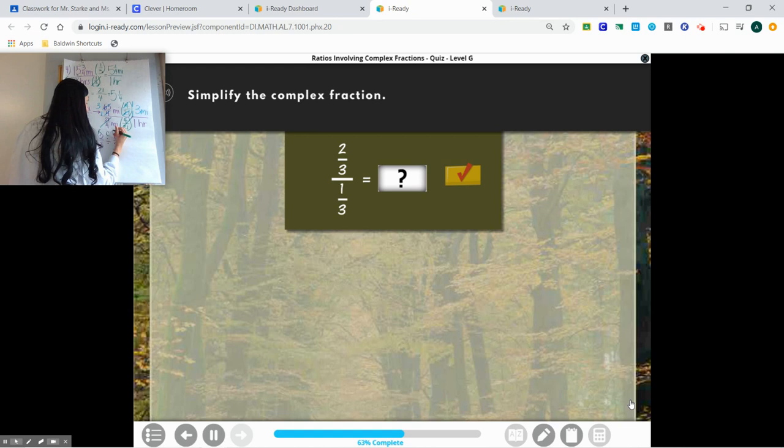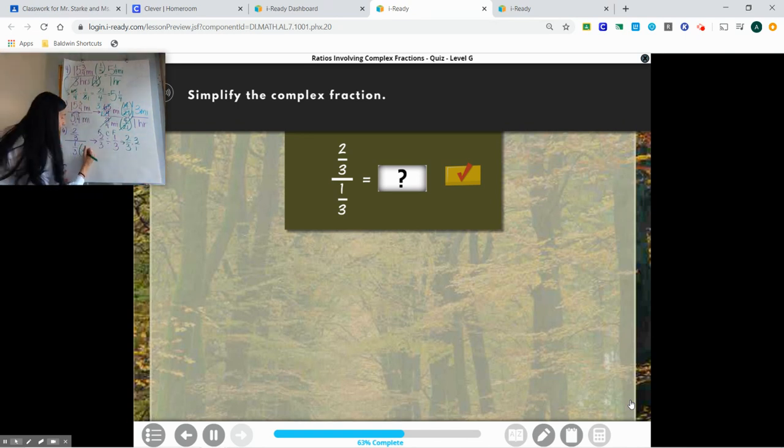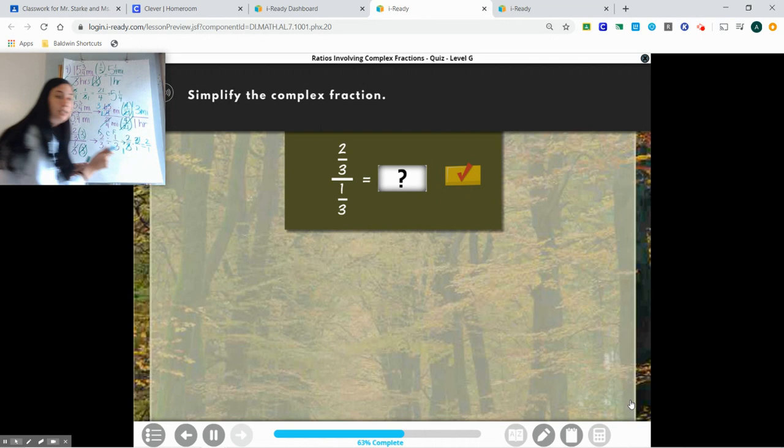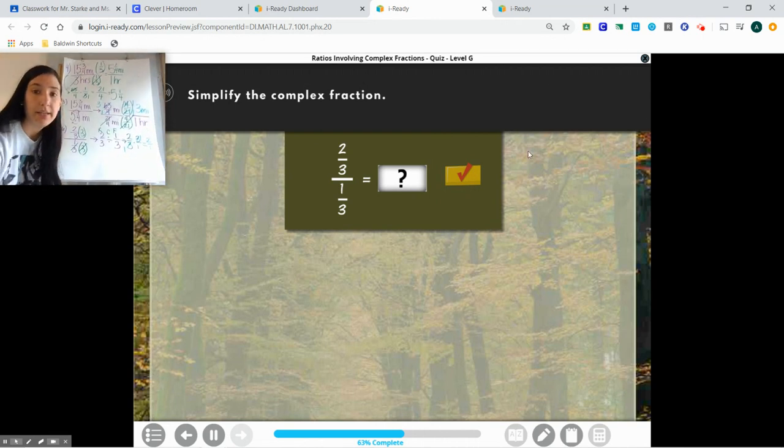Keep, change, flip. So what this is going to become is 2/3 times 3 over 1. Remember, it's the same thing as multiplying by our reciprocal. Let's cross reduce. The 3's will become 1's, and we'll get 2 over 1, which is the same as 2. So this answer is 2.